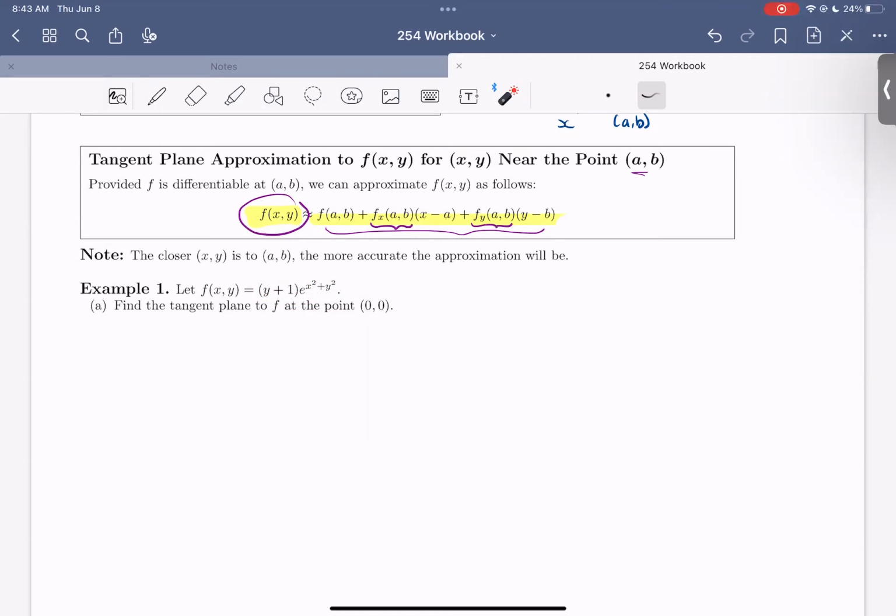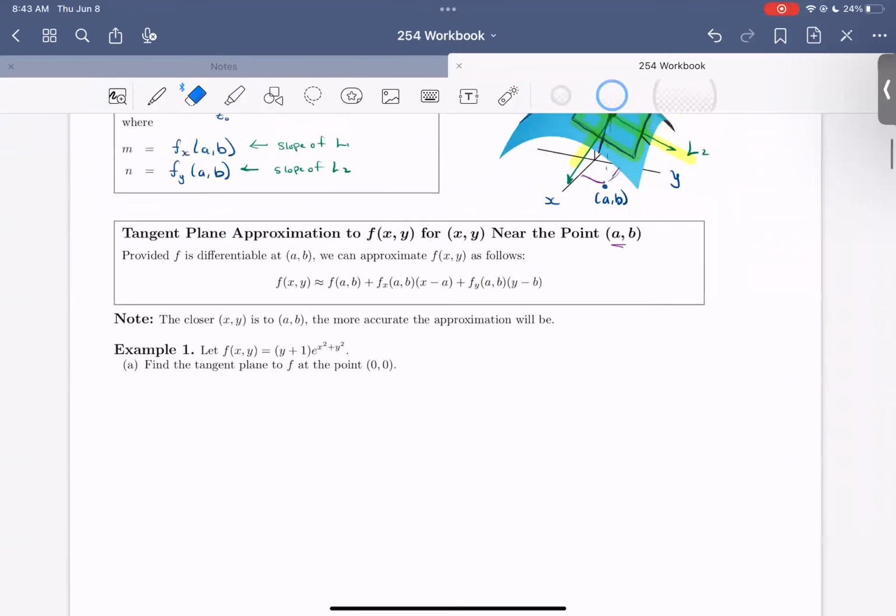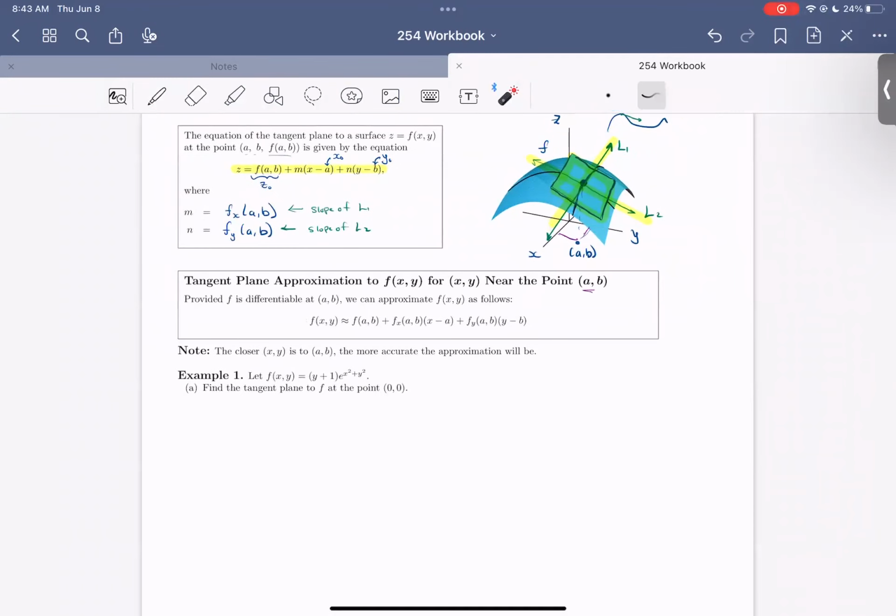Okay, so first of all, let's just recall what the equation of a tangent plane is. So going back to our work from the previous section, we saw the equation of the tangent line here, but filling in what m and n are, just those partials with respect to x and y, we get this equation here.